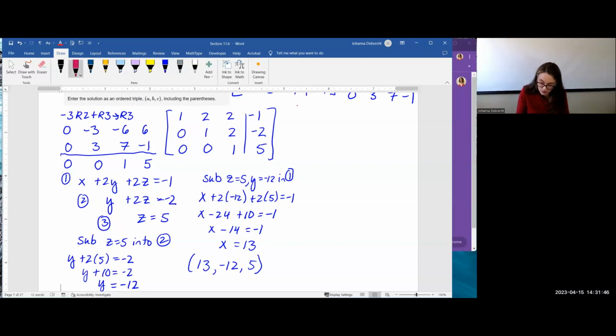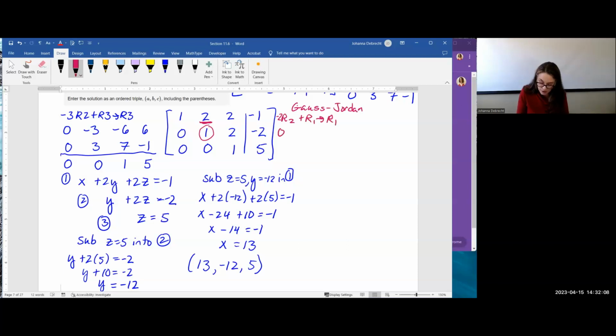So for Gauss-Jordan, to continue, I would use this one to get rid of that 2. So I would take row 2 and multiply by -2, add it to row 1 and put it back into row 1.